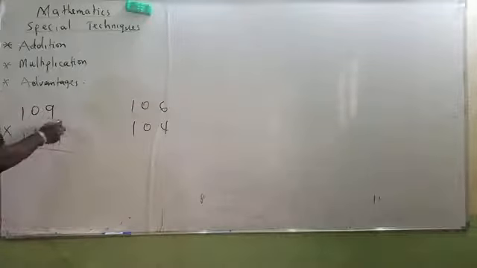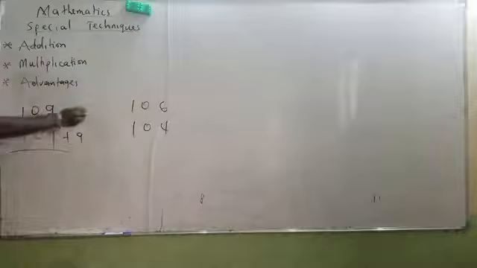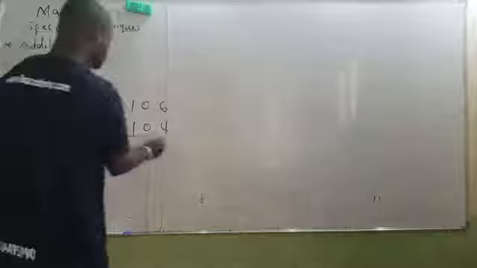Now, don't forget that this is plus 9, plus 9. Can you see? 9 times 9 will be what? 81. Now, 9 plus this will be 118. When you add this together, also add this together, you have the same thing. It means I'll be having 118. That is my answer. It means my answer will be 11,881.